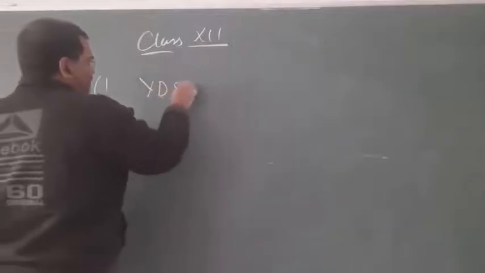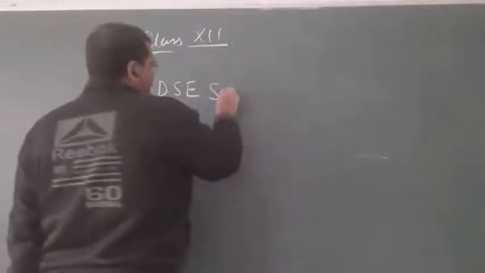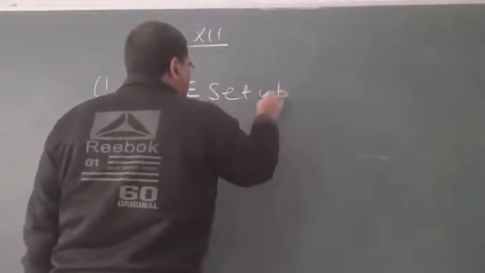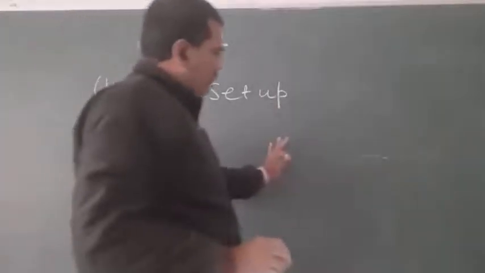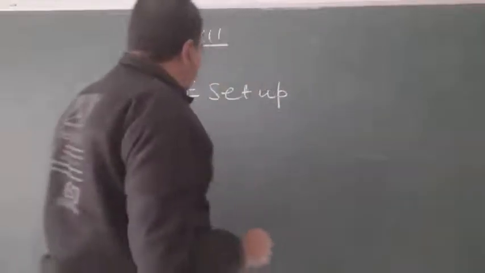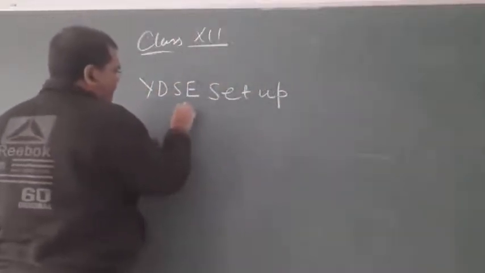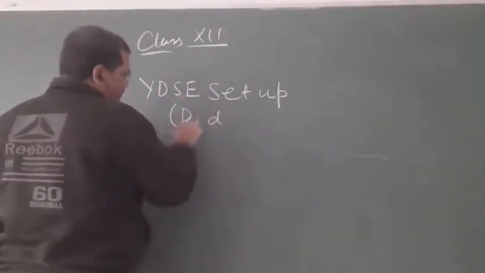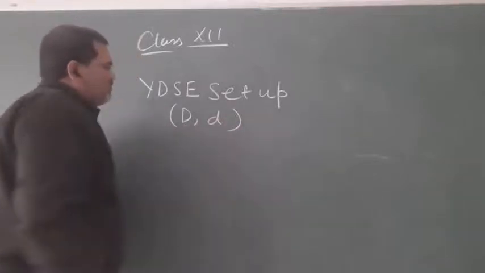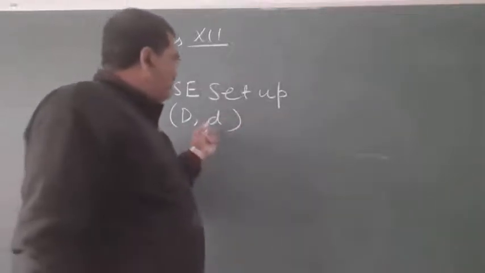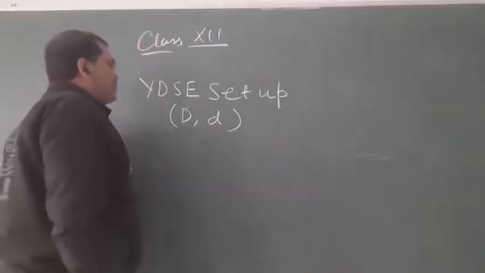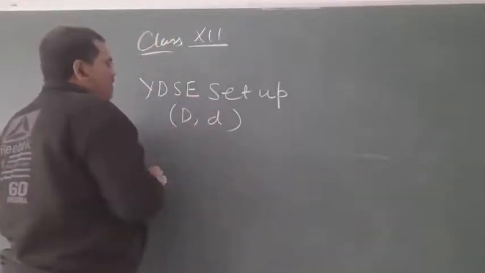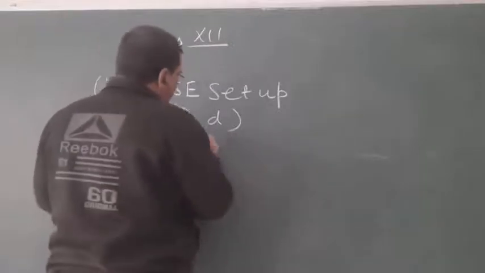A YDSE setup is given, and capital D, small d, as you know, capital D is the distance of the screen from the slits. Small d is the distance between the two slits. So this is given, and the wavelength is lambda.